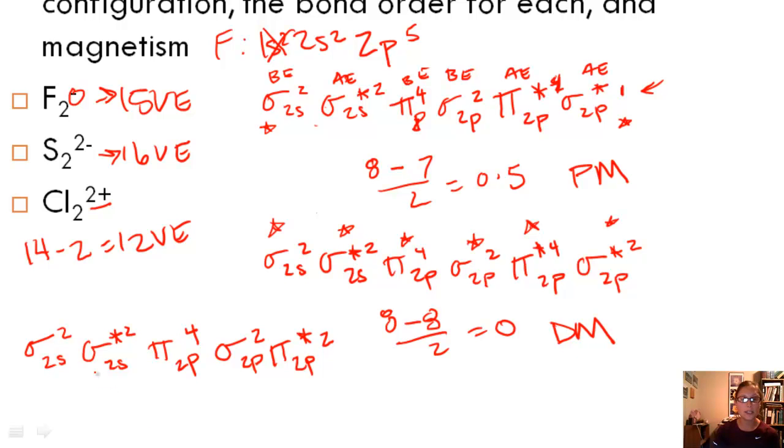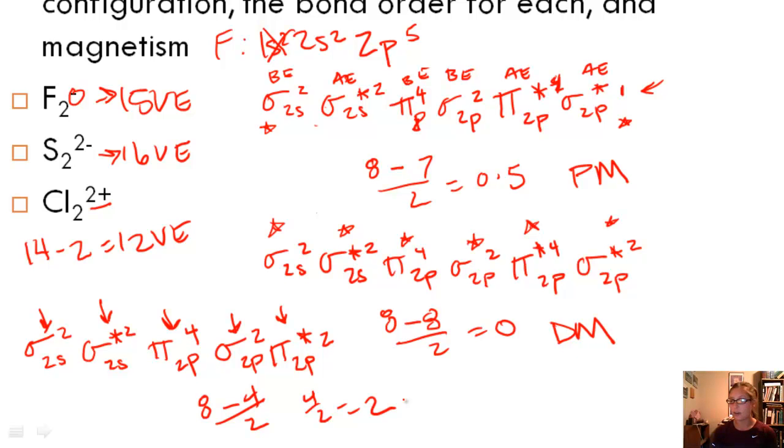If we do all our bonding electrons, we have 1, 2, 3, 4, 5, 6, 7, 8, minus our antibonding, 1, 2, 3, 4, over 2, so that's 4 over 2, which gives us 2. This means that this molecule is very likely to occur.